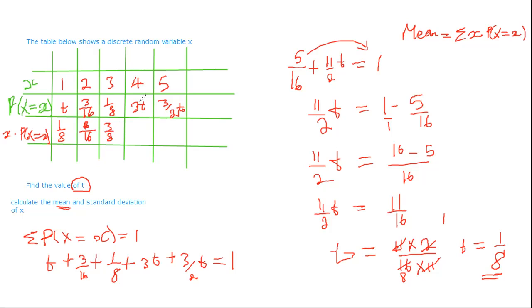Then 4 times 3 over 8 will give us 12 over 8. Then 5 times 3 over 2 times 1 over 8, which is 3 out of 16, multiplied by 5 gives 15 over 16.